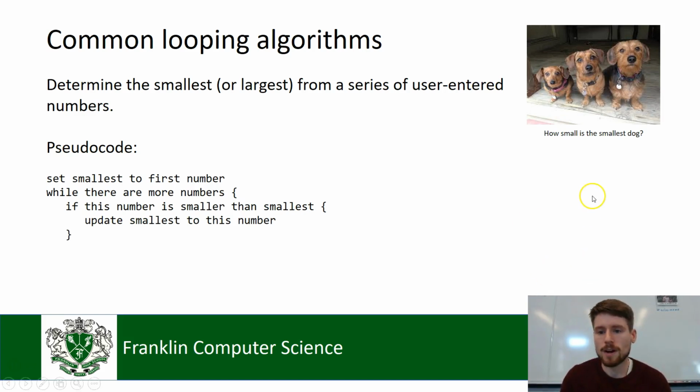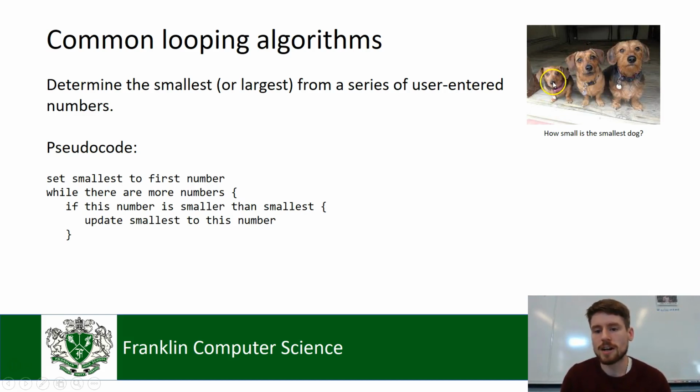So for example, if I'm looking over these doggies, if the first dog is the biggest dog, then he's the smallest one so far, and then we get the next dog and we say, oh no, this one's smaller, so we're going to change smallest to this one. And then we look at the third dog and we're like, hey, the third dog is actually the smallest one. It's smaller than the second dog, which is the current smallest.